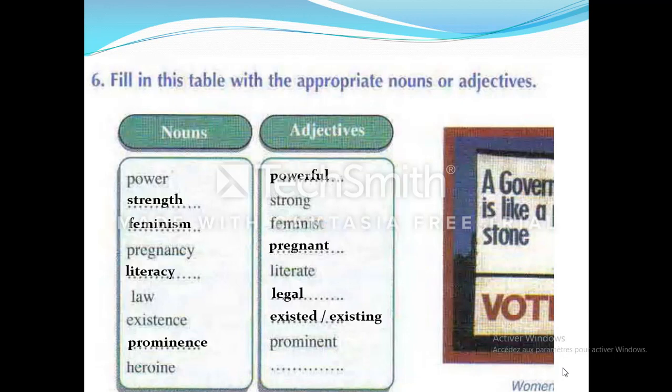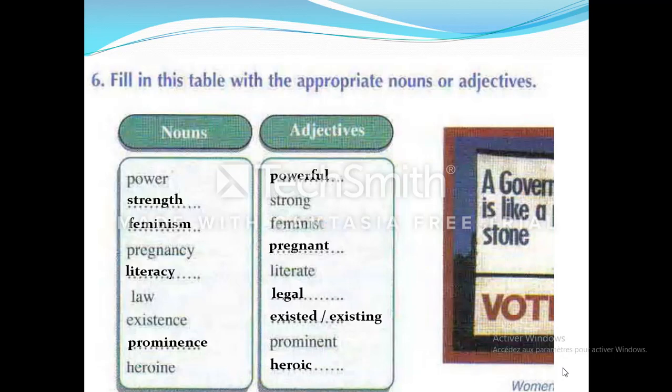Like nowadays, our heroes are doctors who are fighting the coronavirus. So the adjective is heroic. So our doctors are heroic. It's a chance to thank them for their efforts to protect and serve us, and to fight coronavirus.